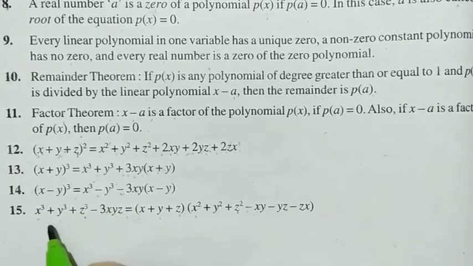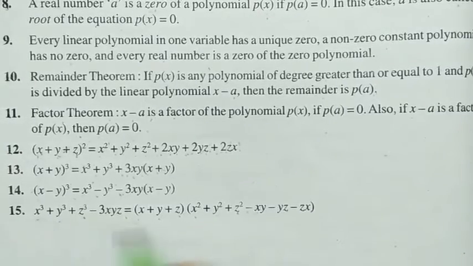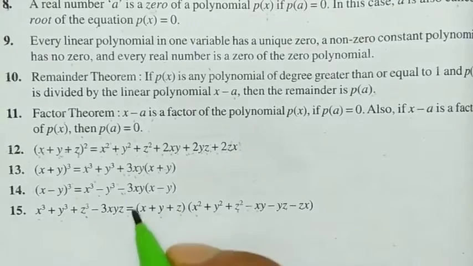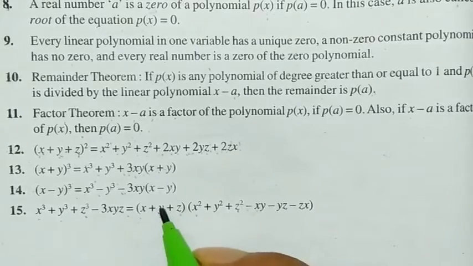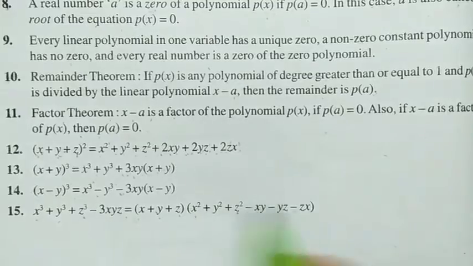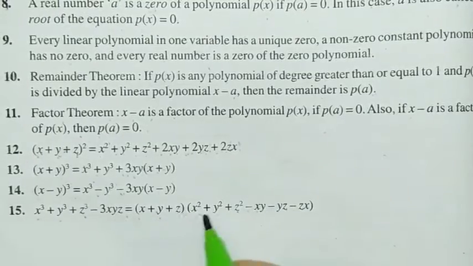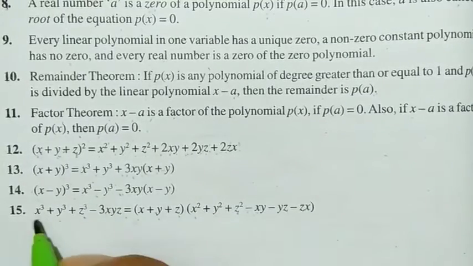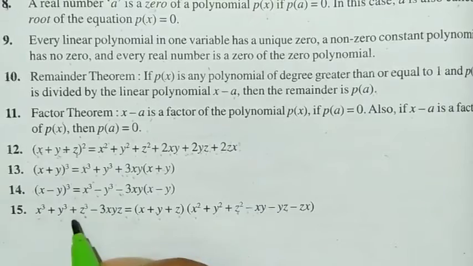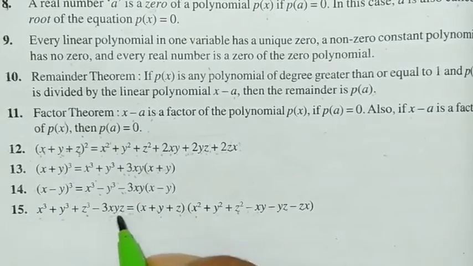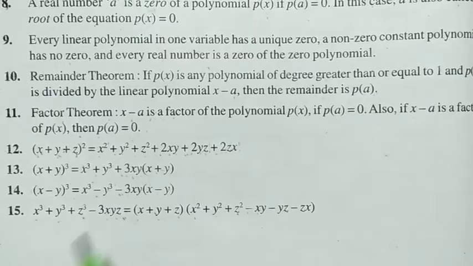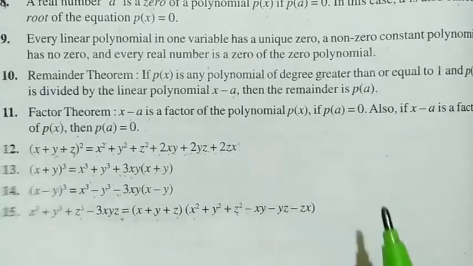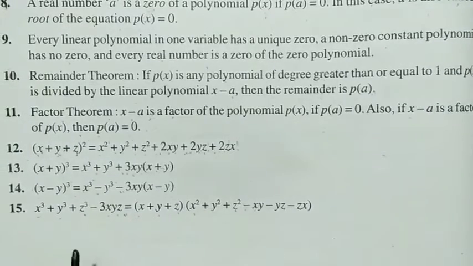Here 2 is not there, just remember this. In this case, the extra thing is, if x + y + z is 0, then 0 into this will be 0, so the expression will be 0. If this expression is 0, we get the value of x cube plus y cube plus z cube as 3xyz. This is a very standard question for the exams. I think it is clear to you.